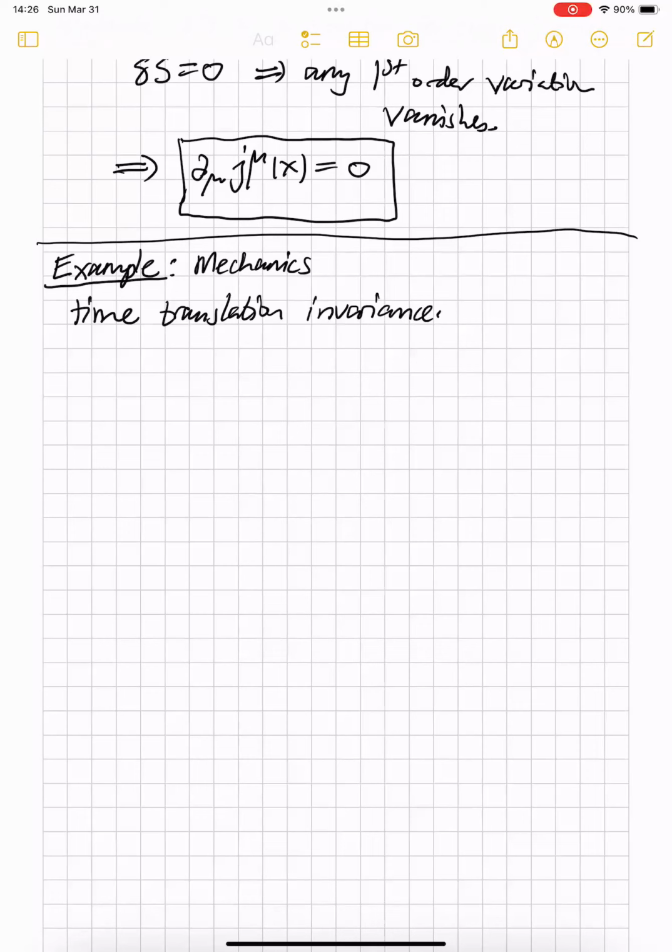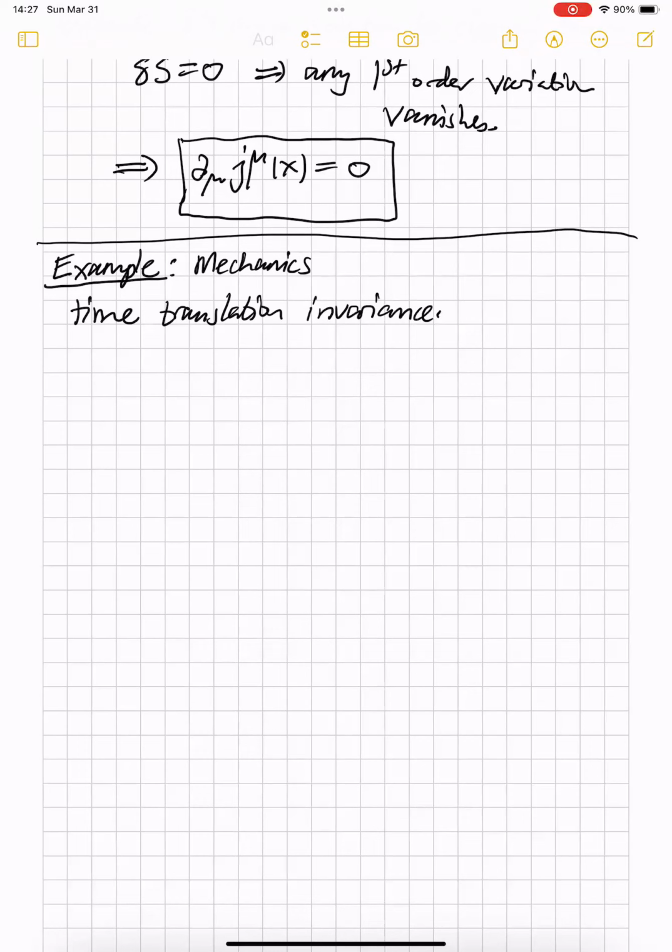physics? Well, it means that the laws of physics don't depend on time. If I showed you a video of something happening, a ball bouncing against a wall or something like that, and I asked you, when was this video recorded? Well, you cannot tell because the way the ball bounces around is the same no matter when you throw the ball. And that's because the laws of physics are not changing.